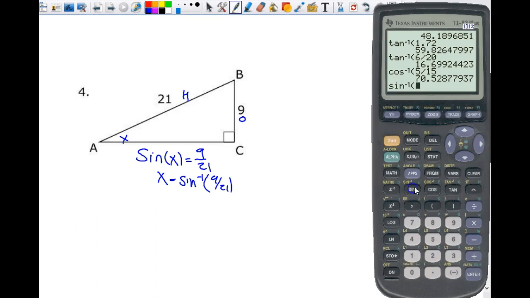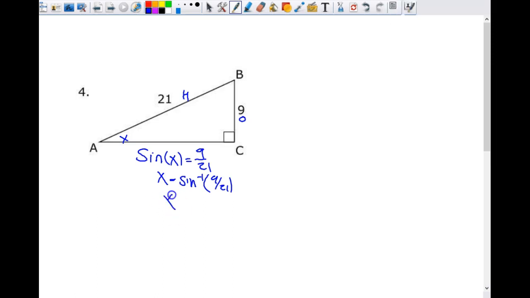Inverse sine of 9 over 21 gives X is equal to 25.38. Now, we don't actually need to use trigonometry to figure out the last angle. We could, it's not the easiest way.